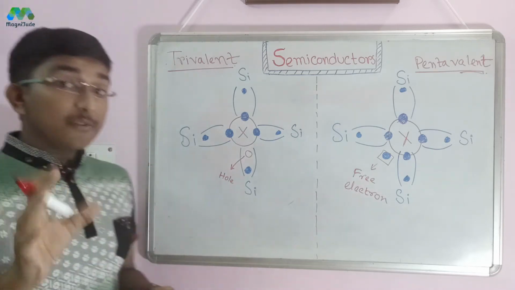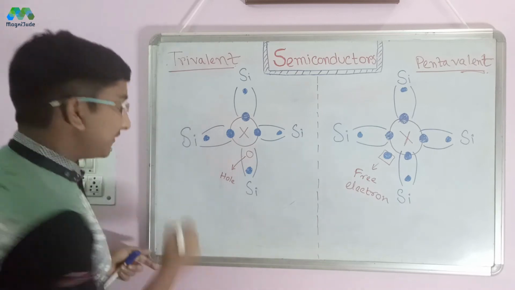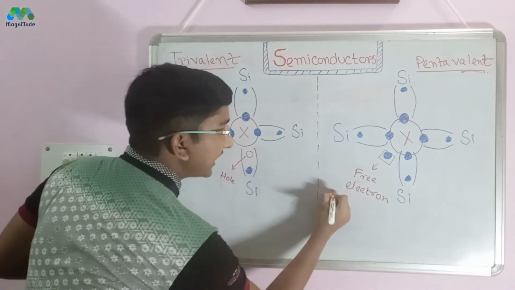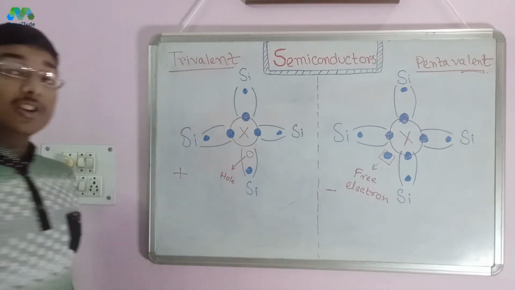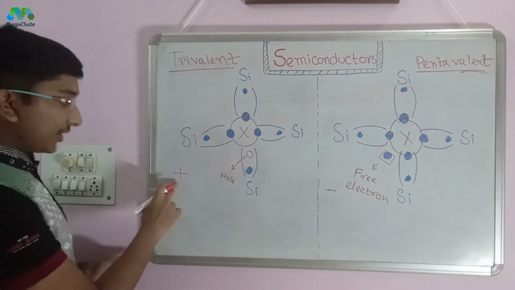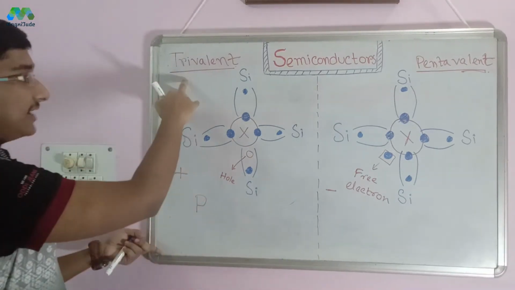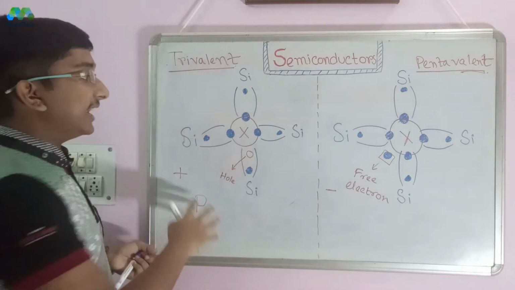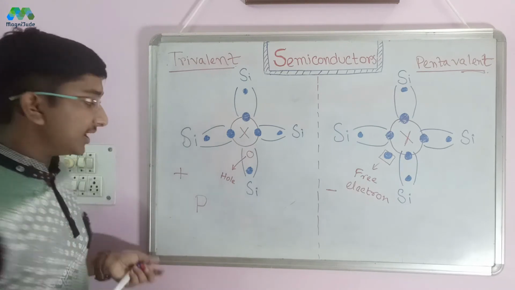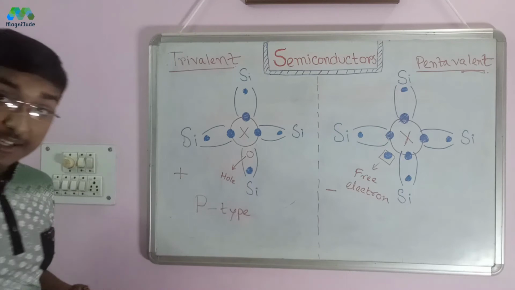Just keep one thing in mind, that these holes are positively charged and the electrons are negatively charged. So one thing we can say from here is that positive means P. When we add trivalent impurity in any of these lattices, this type of semiconductor material is known as P-type semiconductor.